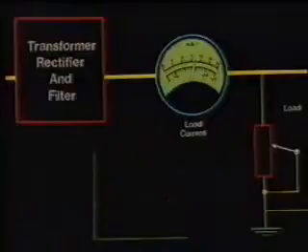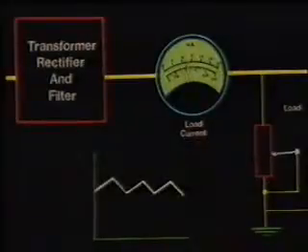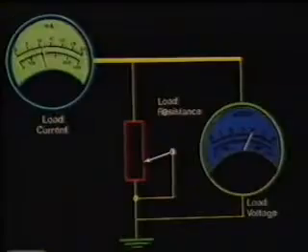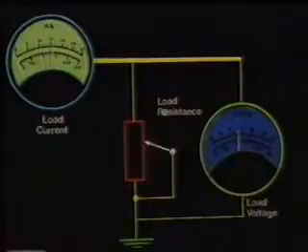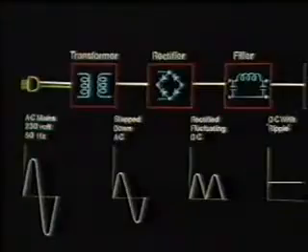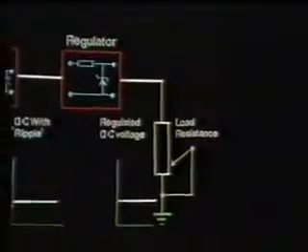Similarly, output DC voltage changes if the load current changes, which is also not desirable. To avoid variations in the output voltage, a regulation device is necessary.